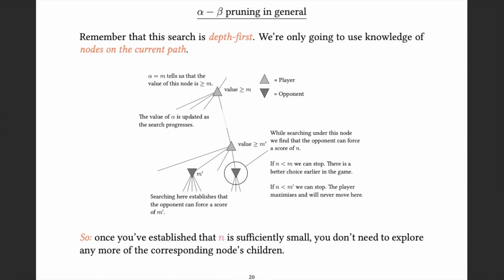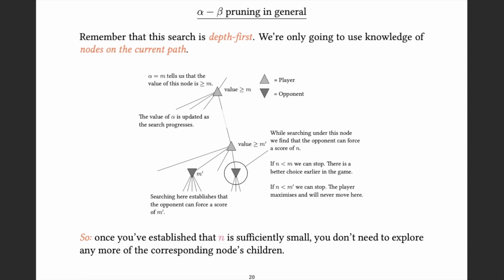Now what I have here is an illustration of how the depth first left to right search might work out. Because we're going depth first, we only have direct knowledge of nodes that are in our current path down the game tree.